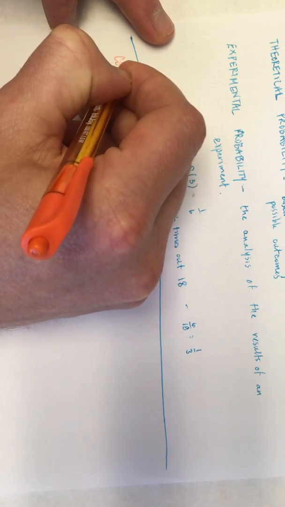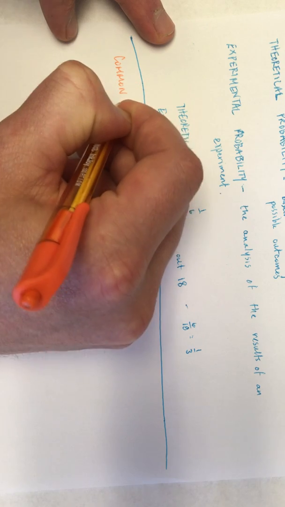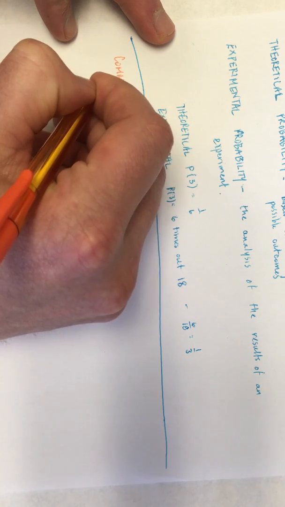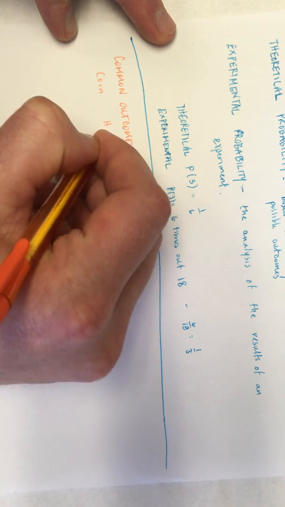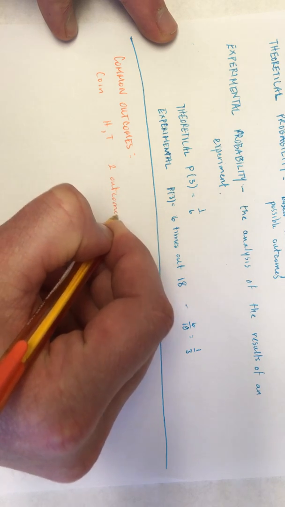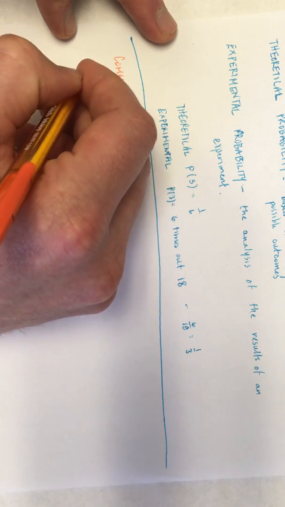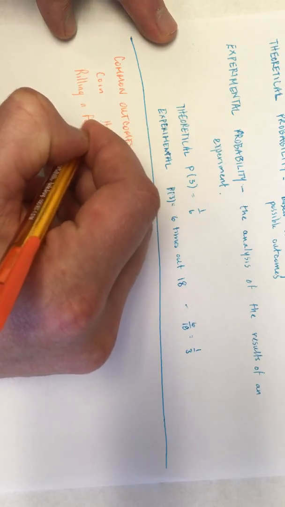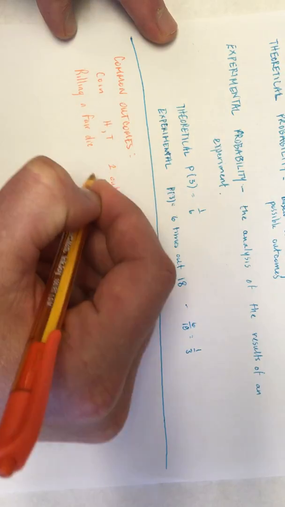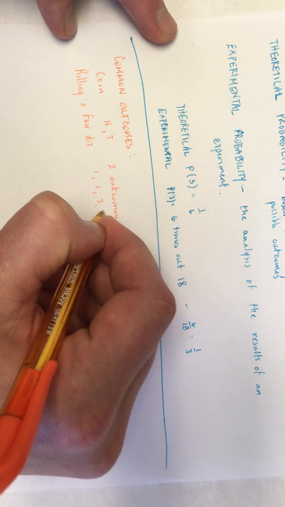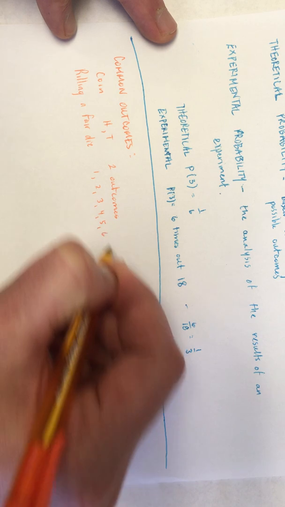So, common outcomes. Flipping a coin. So the coin has a head or a tail. So there are 2 outcomes. Rolling a fair die. So you have 1, 2, 3, 4, 5, and 6 on a fair die.